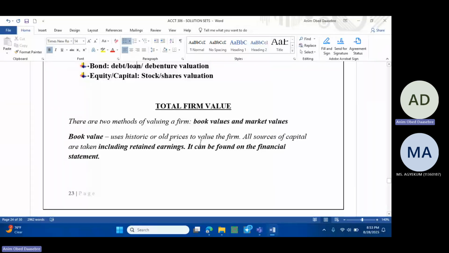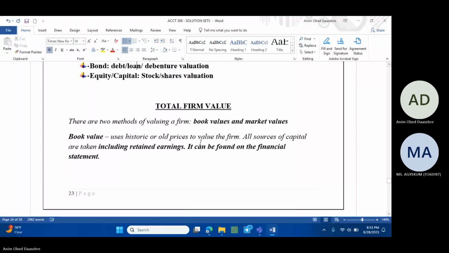If you want to find the book value of any firm, you can find their book values, whether bond or equity, on their financial statements, because it's an accounting concept. The only place you can find it is their financial statements.